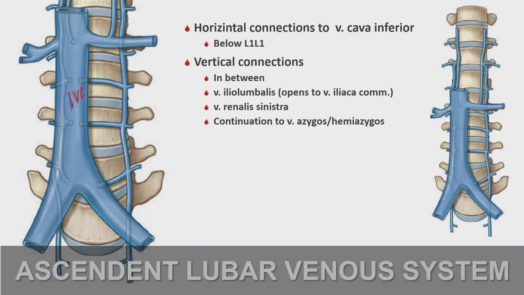But there is a developmental second vein which could be here. Sometimes there is no fusion, and this is an inferior vena cava sinistra. In most people there is nothing.